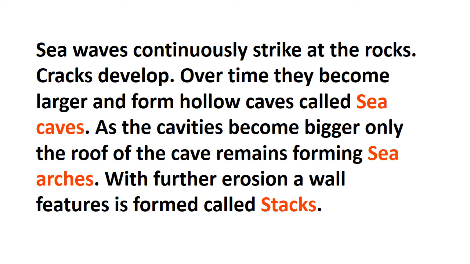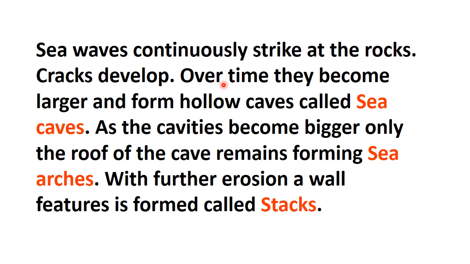Now let us recap all the land formations that are formed due to the sea waves. The sea waves continuously strike the rocks, and due to this cracks develop. Over time they become larger and form hollow caves called sea caves. As the cavities become bigger, only the roof of the cave remains, forming sea arches.